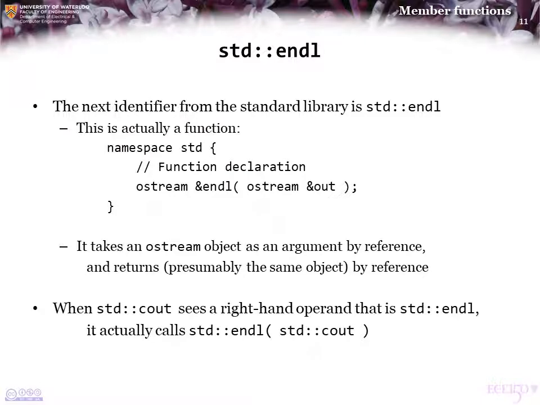So basically, when cout sees a right-hand operand of the left shift operator that is a function name, it actually just calls that function with std::cout as an argument. If it was std::clog, then you would see it calling std::endl with the argument std::clog.